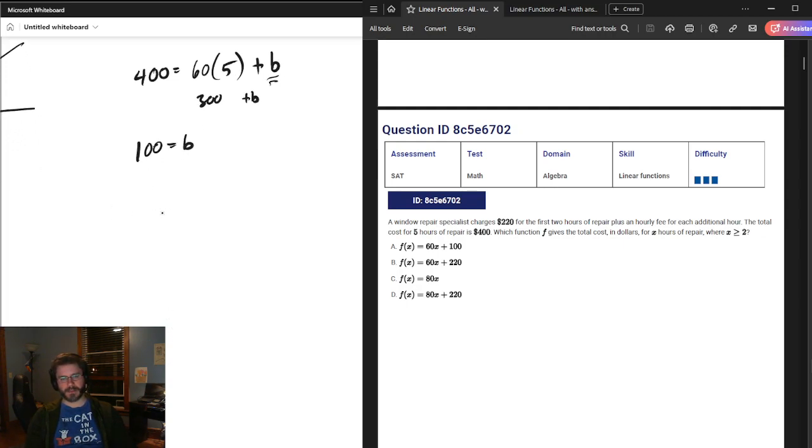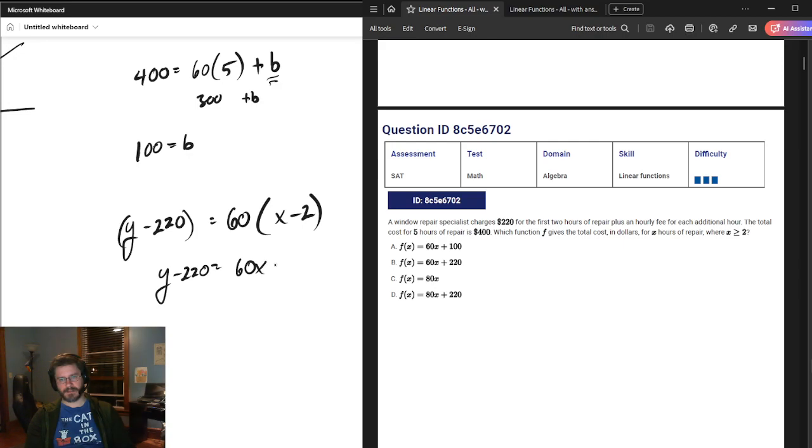The other way to do it is to use point-slope form. So they tell us that it goes through 2, 220, so we could say y minus 220 equals 60, our slope, times x minus 2. We distribute those through. We get y minus 220 equals 60x minus 120, distributing the 60 to each term.